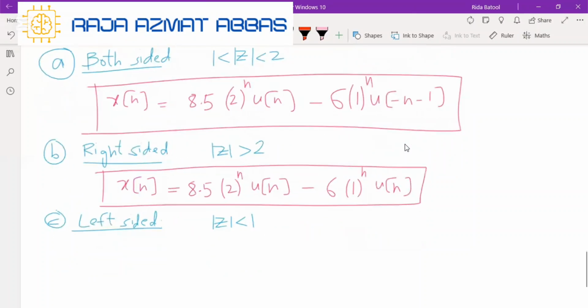And now, as the signal is left-sided, you have to write u of minus n minus 1 with both the parts.